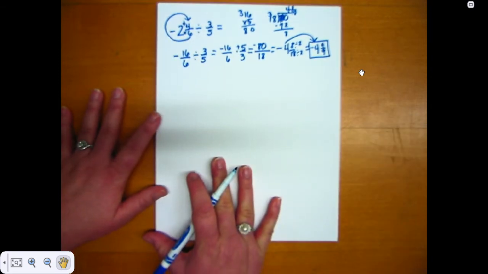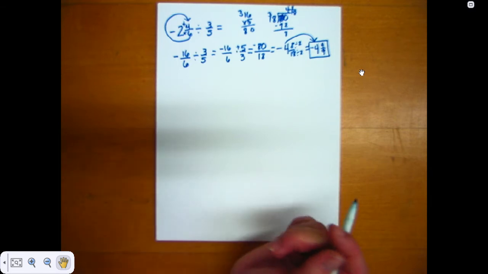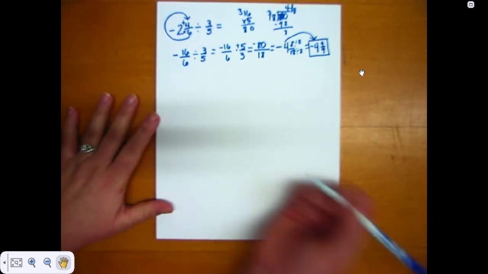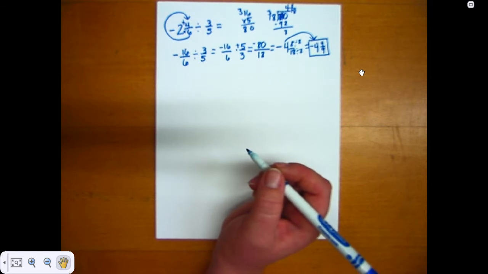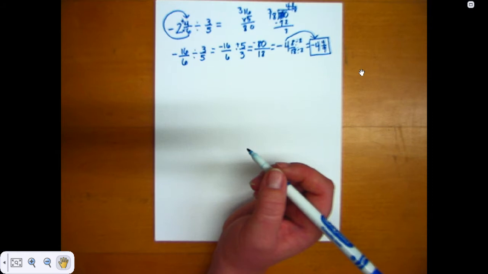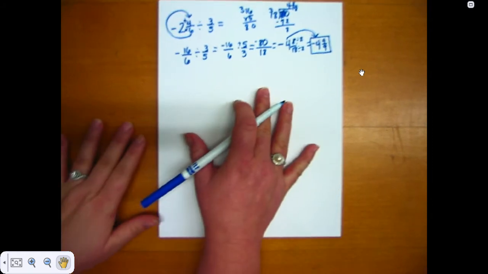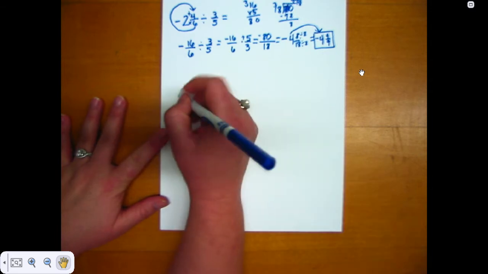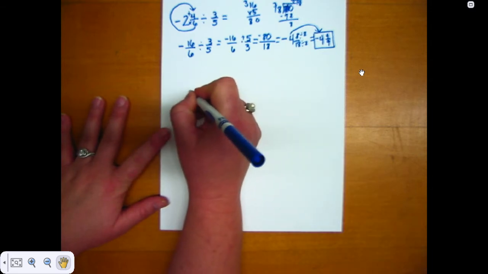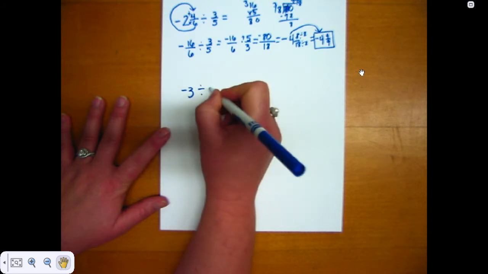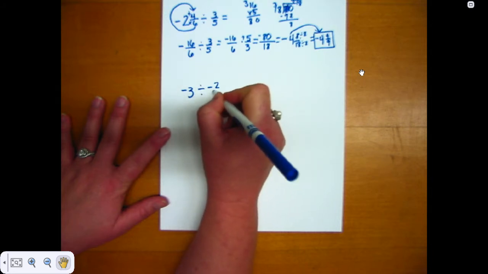So let's scoot on down here and let's try -3 divided by -2/5.